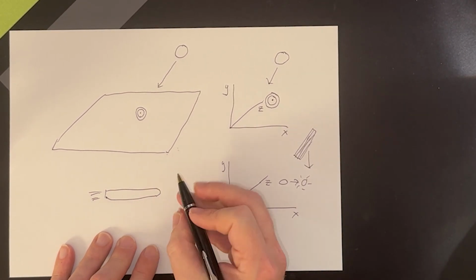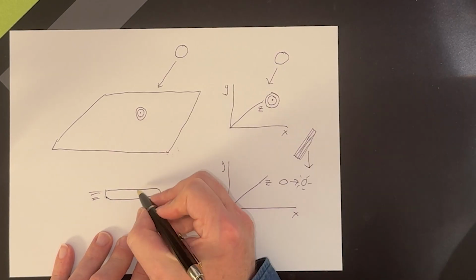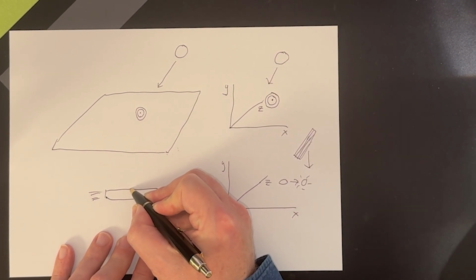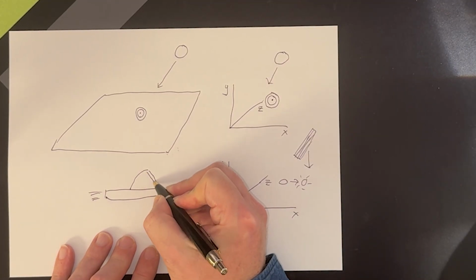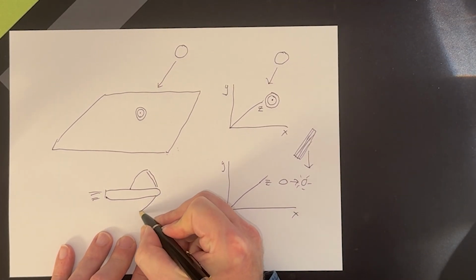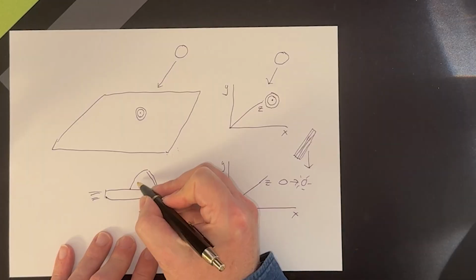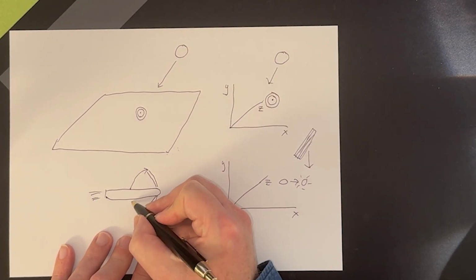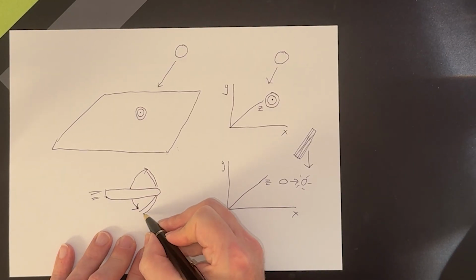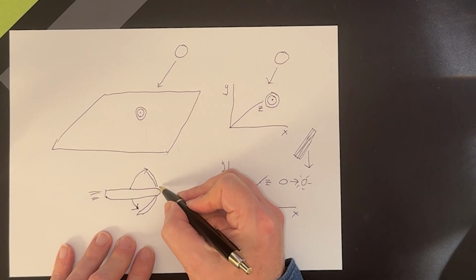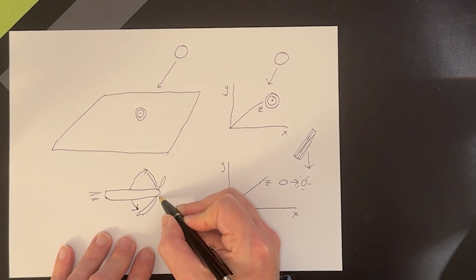It flies along, and as it gets near its target, you have big blades come out of its side, and these begin to rotate.